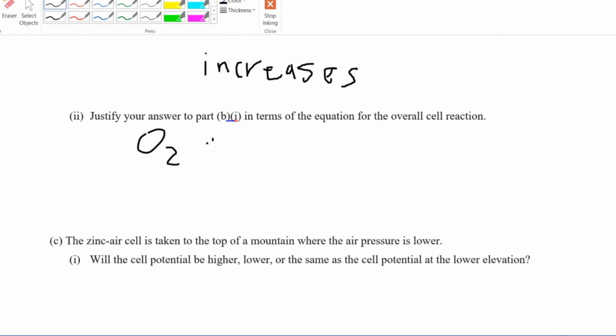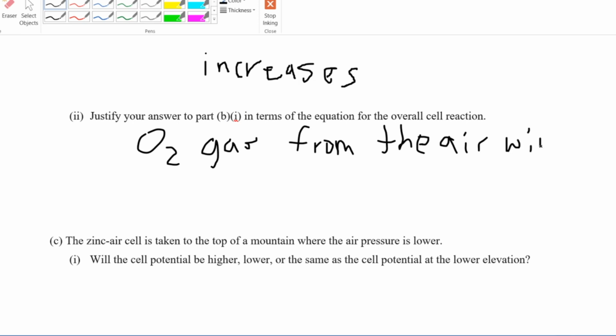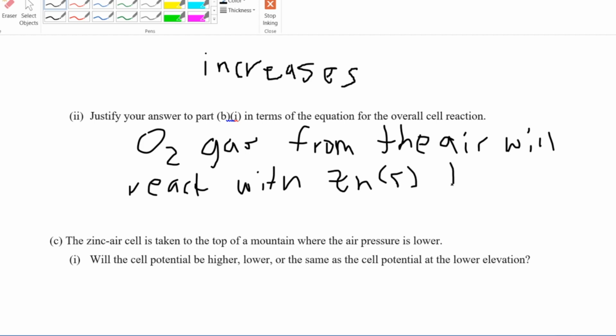O2 gas from the air, because that's how this cell works, which is why the cathode is porous, will react with zinc solid to produce, from the equation above, zinc oxide.